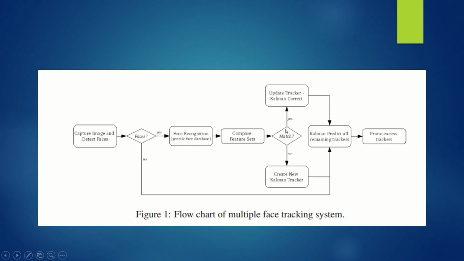Here you can see that initially the frames are moving. If the model does not match any of the database details, it will create a new Kalman filter, where, using Kalman filters, face details are predicted from changing frame movements, ultimately updating the Kalman filter track.